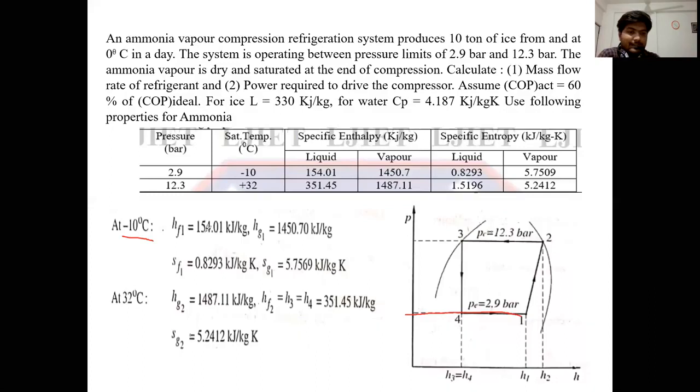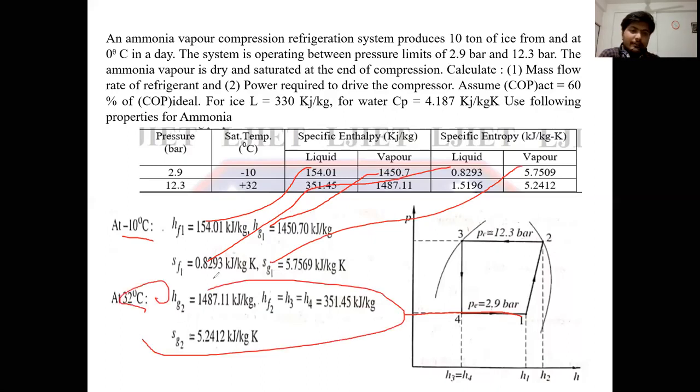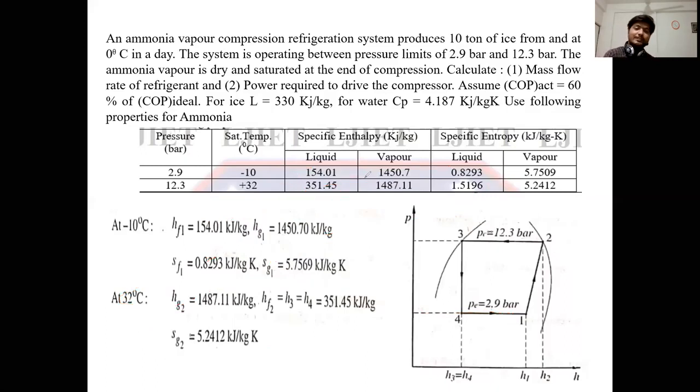Okay, hf1 is 154, hg is 1450, sf1 and sg. Corresponding to 32 degree, all this data. Okay, first we know which data corresponds to which value.